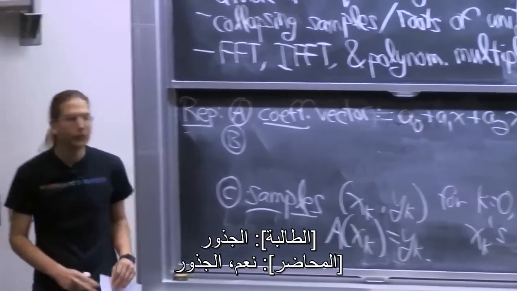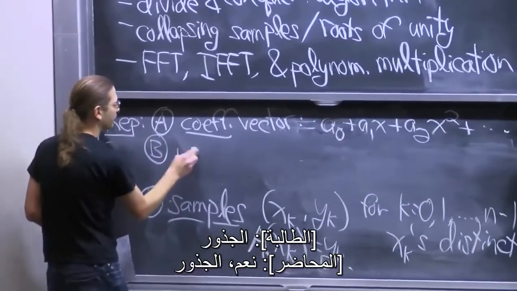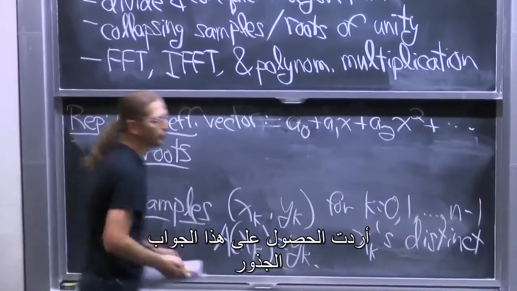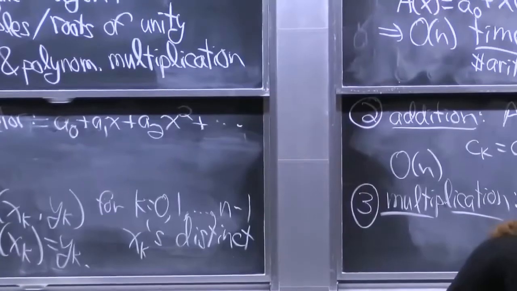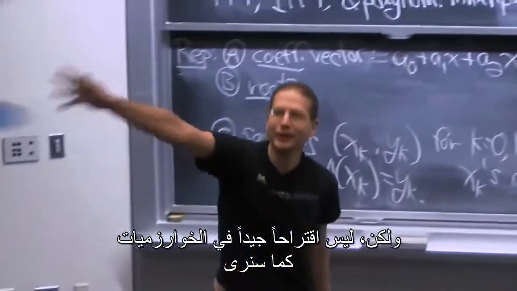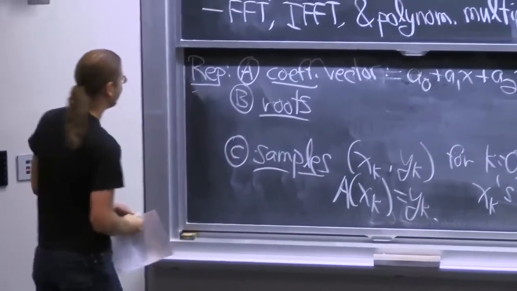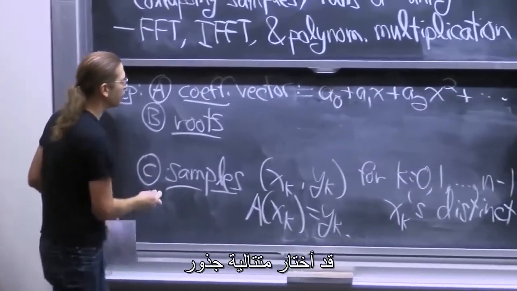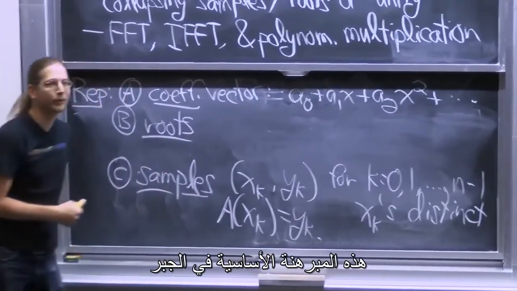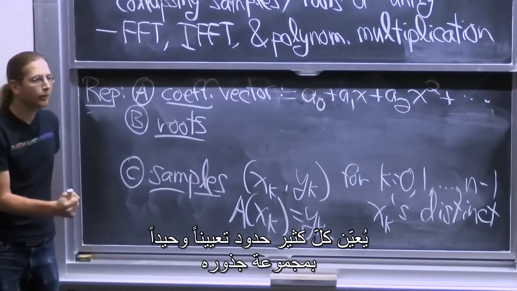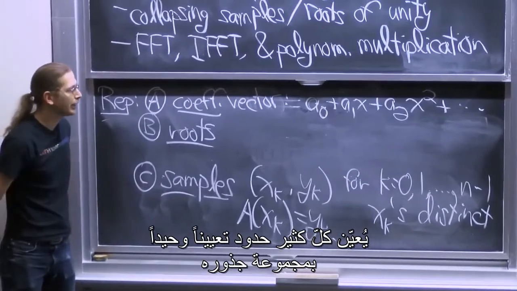Yeah. Roots. Roots is the other answer I was looking for, but it's not going to be so good algorithmically, as we'll see. So I could give you a sequence of roots. This is the fundamental theorem of algebra, that every polynomial is uniquely determined by its set of roots.